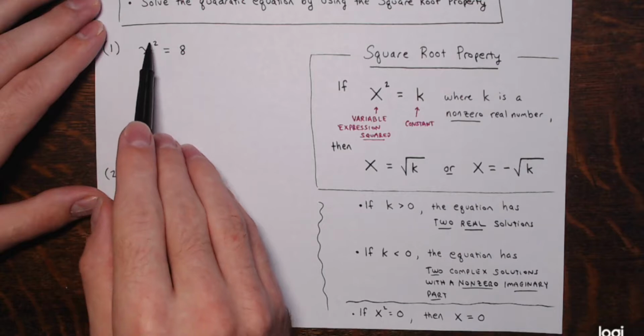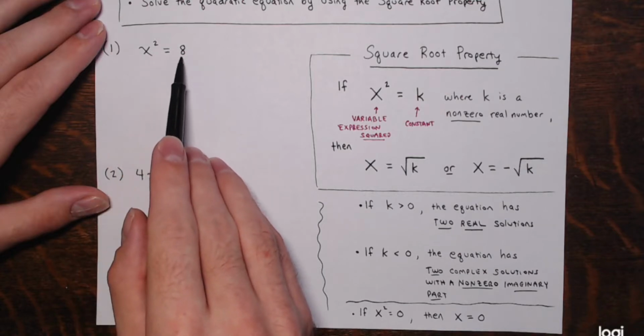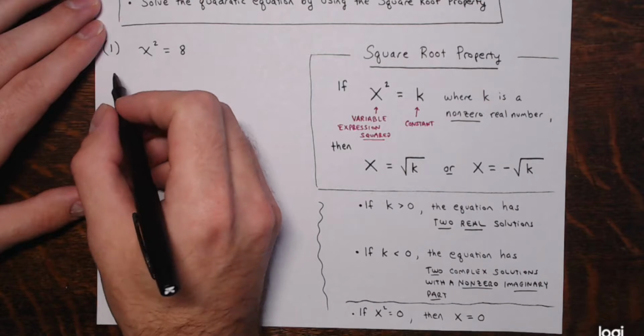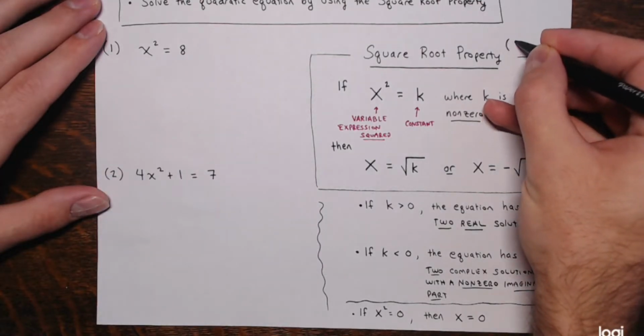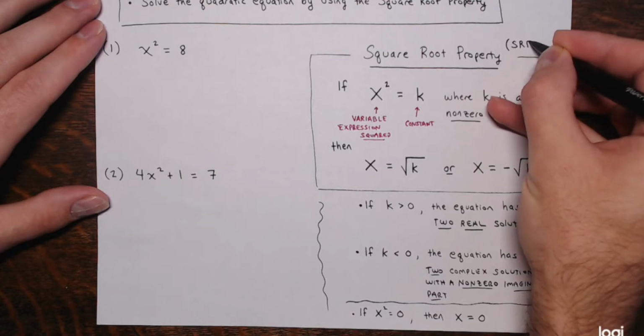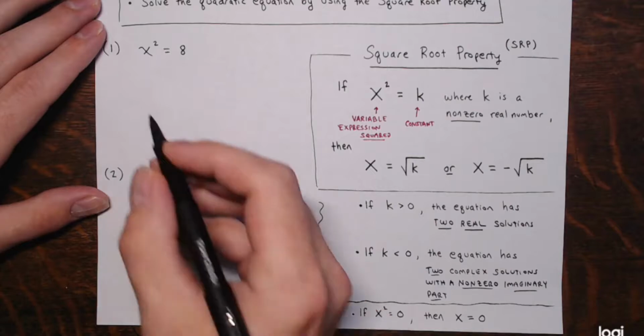It's just the square by itself equals a constant, in this case, positive 8. So by the square root property, I'm going to abbreviate the square root property SRP for the rest of the video.